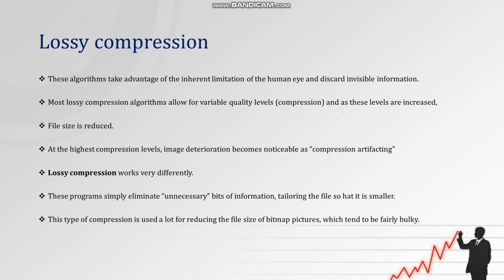Lossy compression works very differently. These programs simply eliminate unnecessary bits of information, tailoring the file so that it is smaller. This type of compression is used a lot for reducing the file size of bitmap pictures, which tend to be fairly bulky.